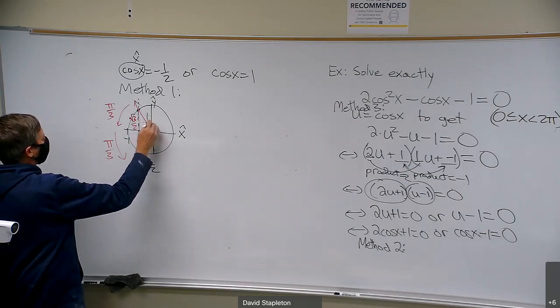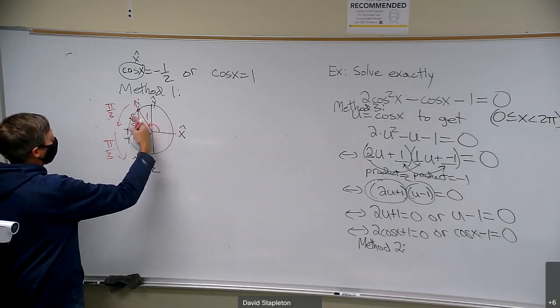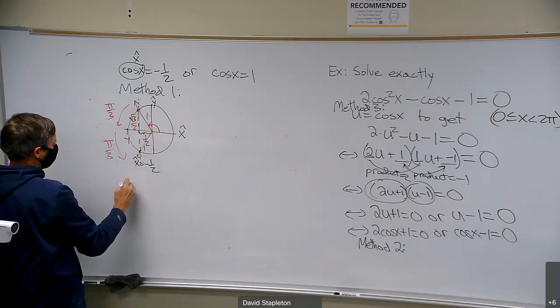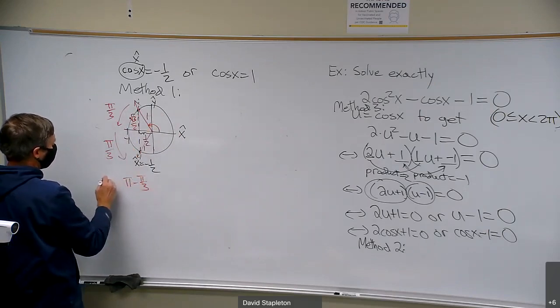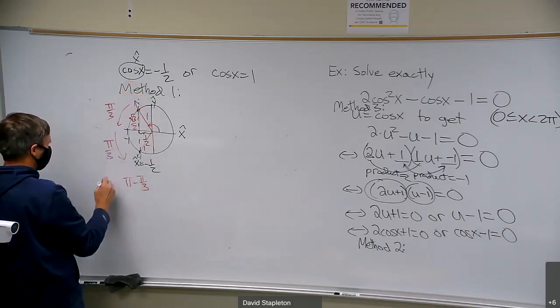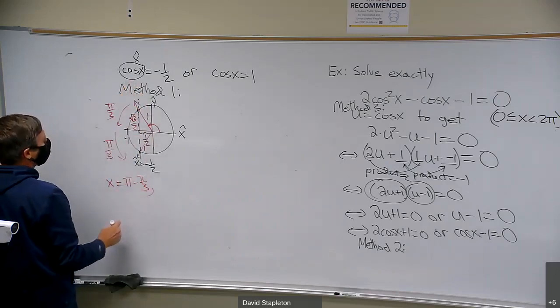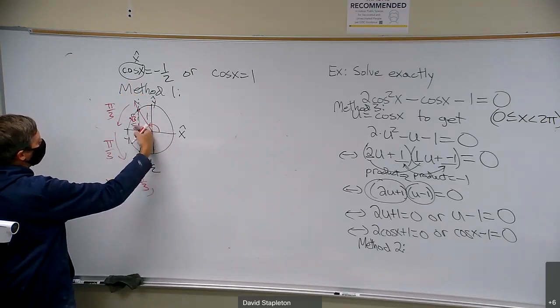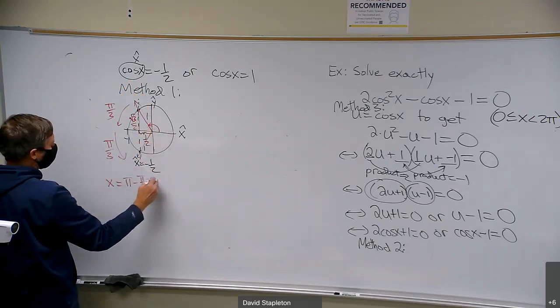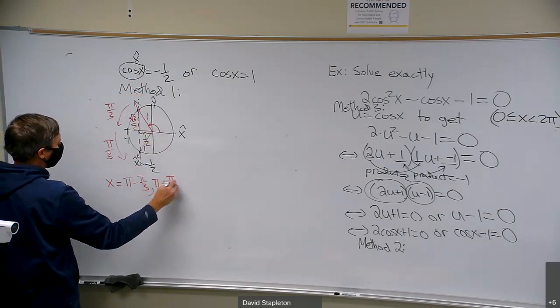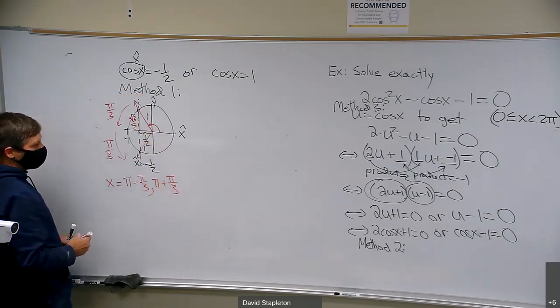Well, there's this one here. It's pi, back up pi over 3. So that's one value of the angle x. Or pi, go forward pi over 3. Those are the two solutions on this unit circle.